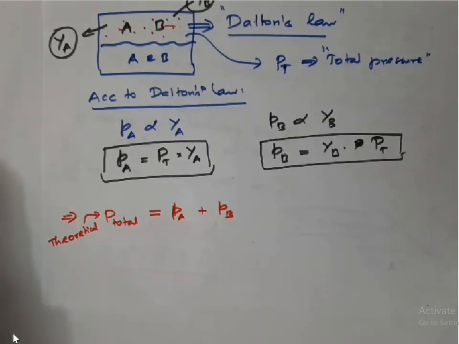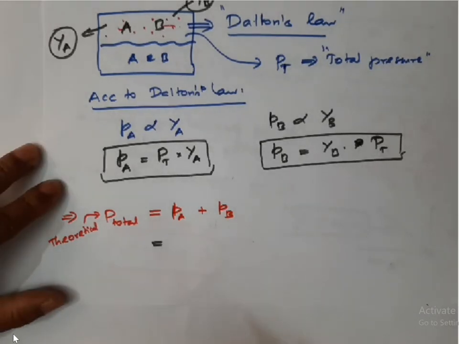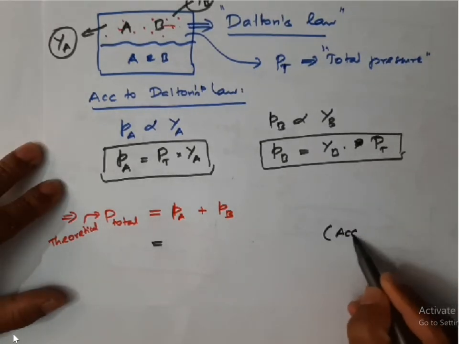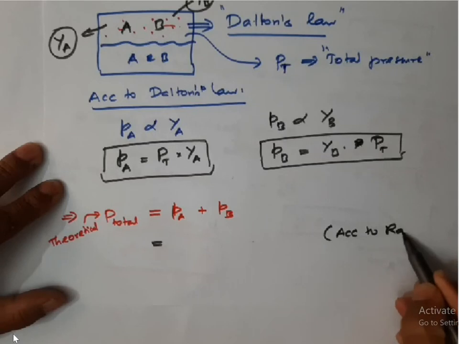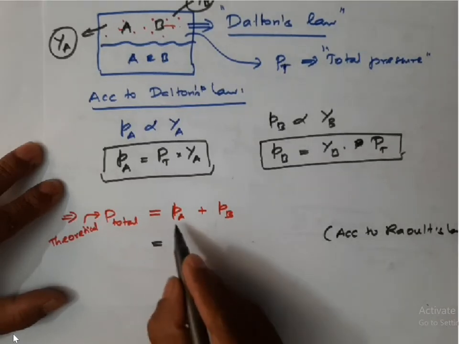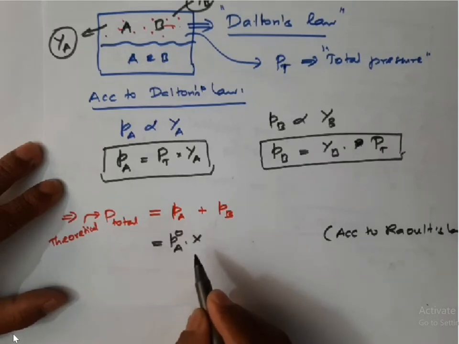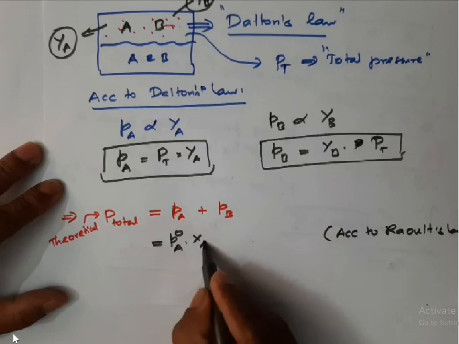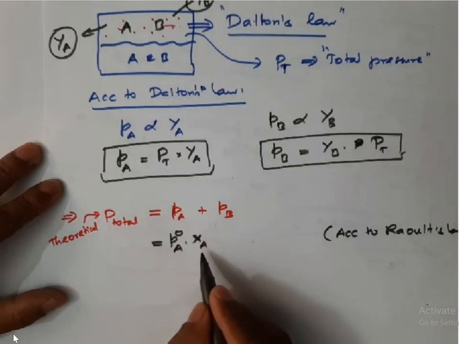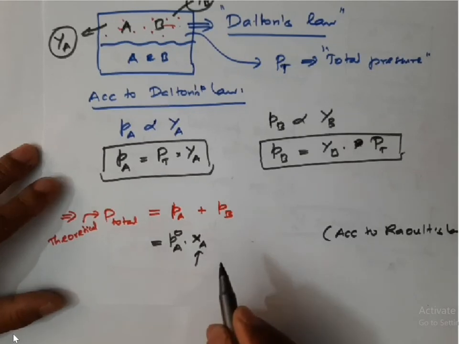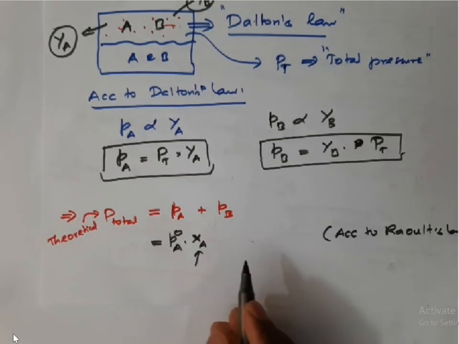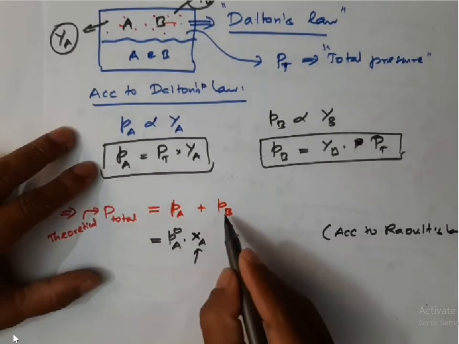According to Raoult's law, what is the partial pressure of A, students? It is P naught A into the mole fraction of A in solution, plus what is PB?